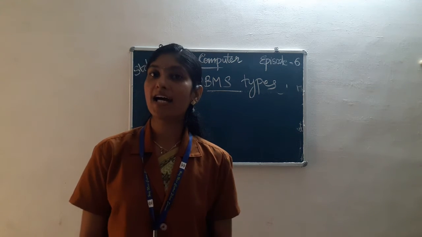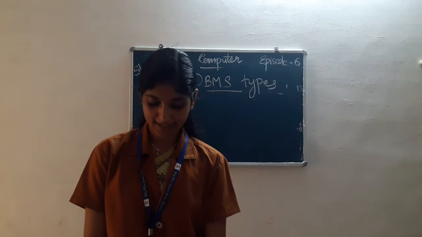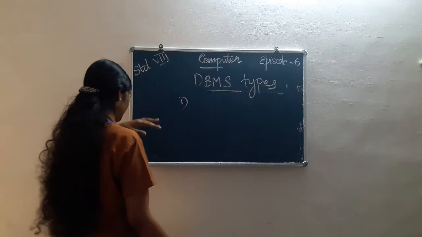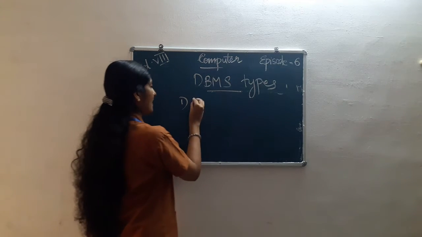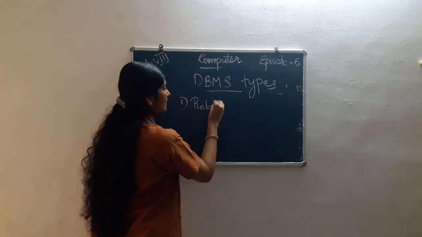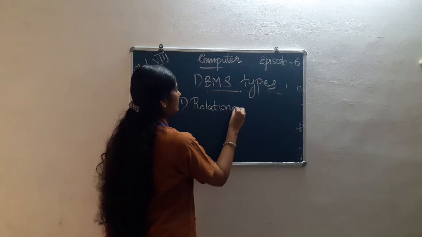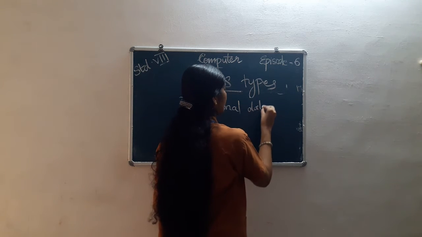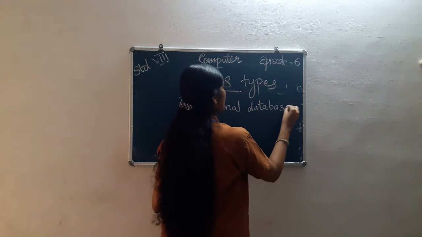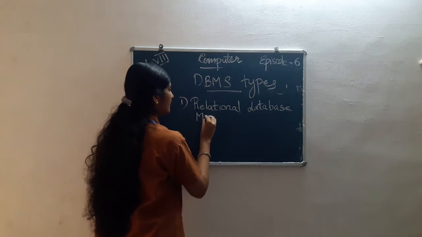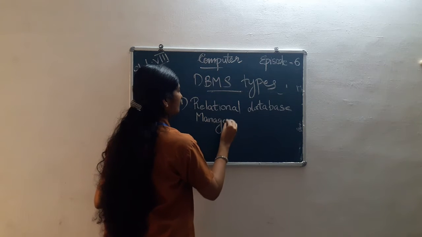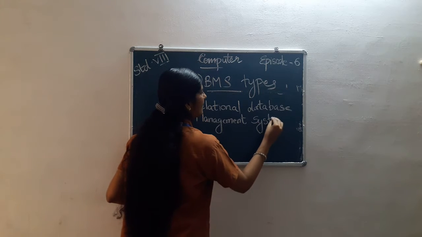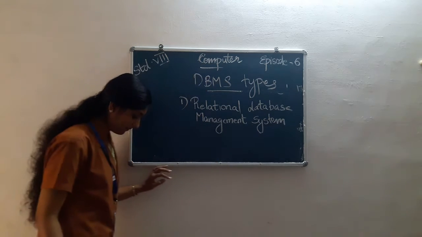The different types of database management system products are: first, relational database management system.